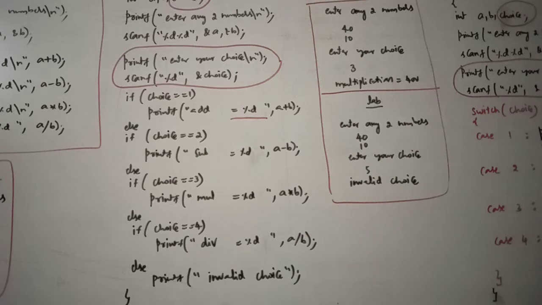What is the logic? Number of variables, number of scanf functions, and how you are using if, before else and after else. You try to observe each and everything clearly.